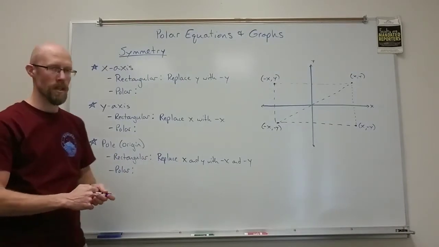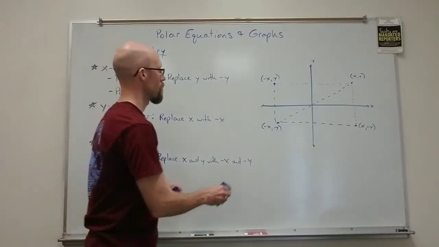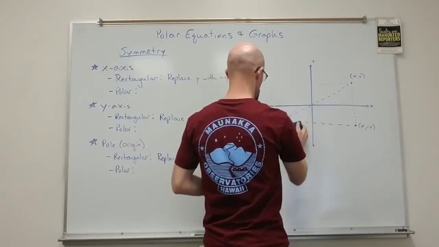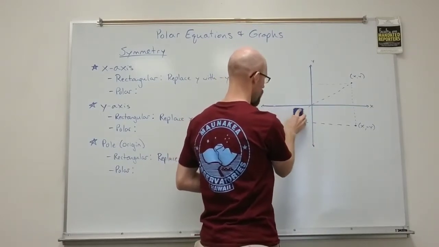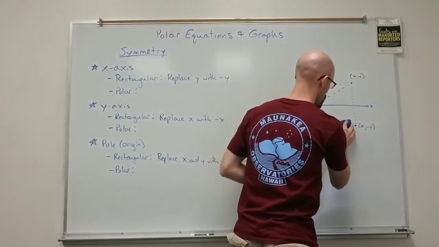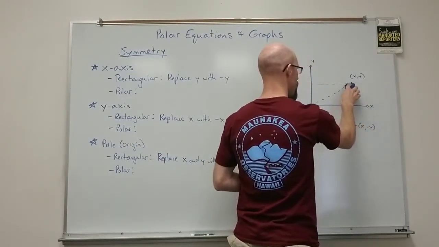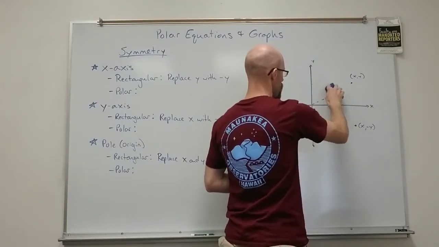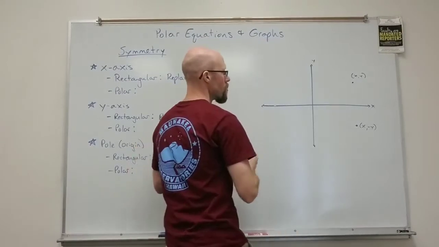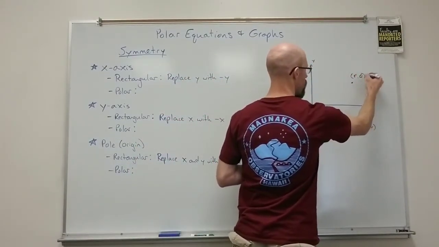But now we look at the polar equivalent. Let's erase some of this stuff here, just to clean the graph up a bit. So now we're not going to be looking at x's and y's, except for the axes. We're going to be looking at our theta coordinates, okay? So instead of (x, y), it's going to be (r, theta).